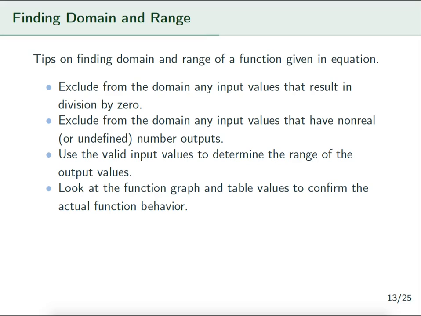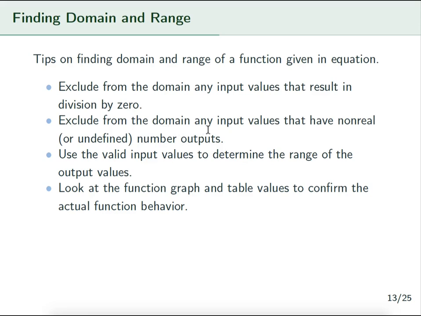So here are general tips on finding the domain and range of a function given an equation. What do we do when a function is given as an equation? We don't have a graph or table to find all the inputs and outputs. So exclude from the domain any input values that result in division by 0.